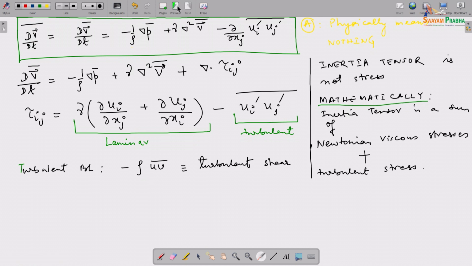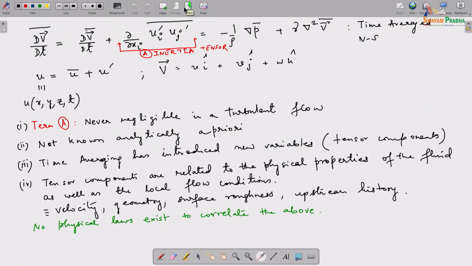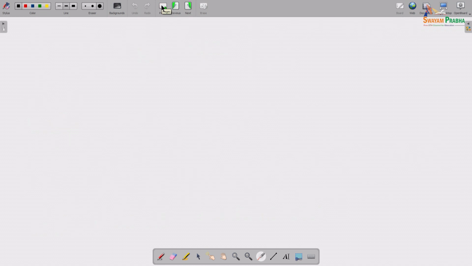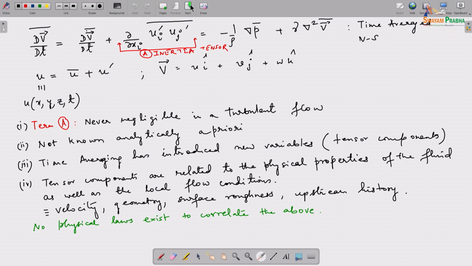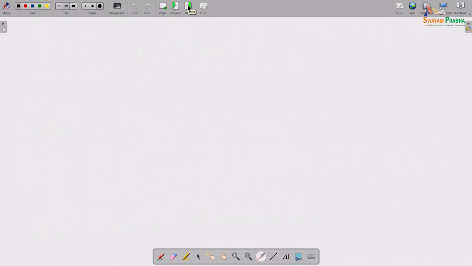Okay. All right. Now, moving on, I am going to write this down. So, energy equation for an incompressible flow with constant properties, basically first law of thermodynamics.